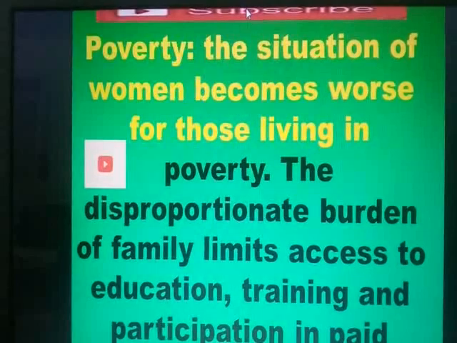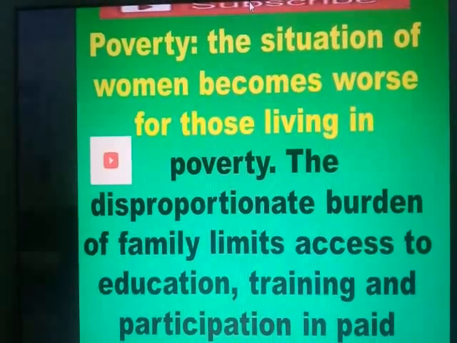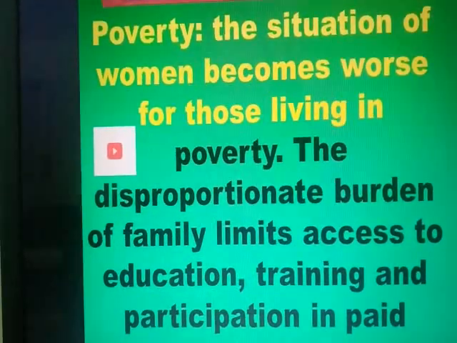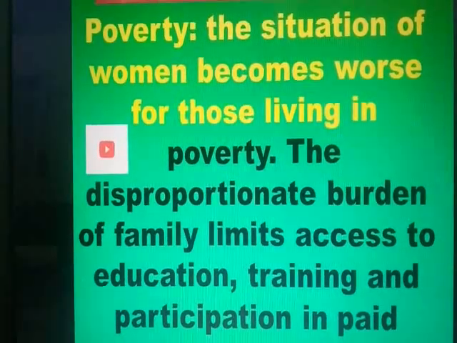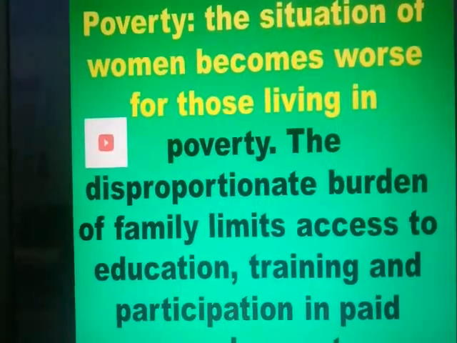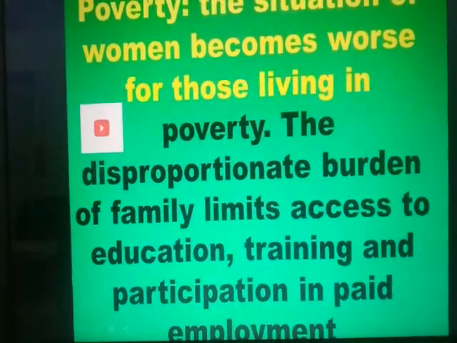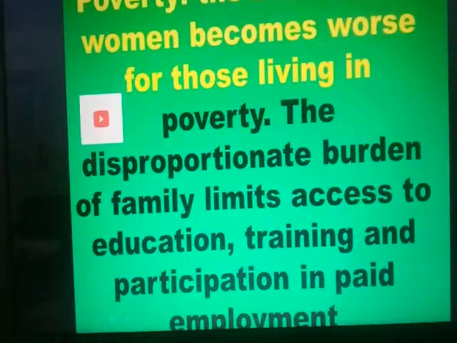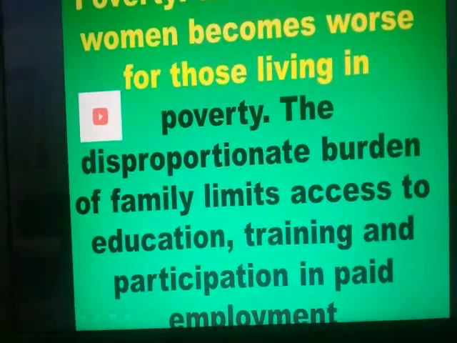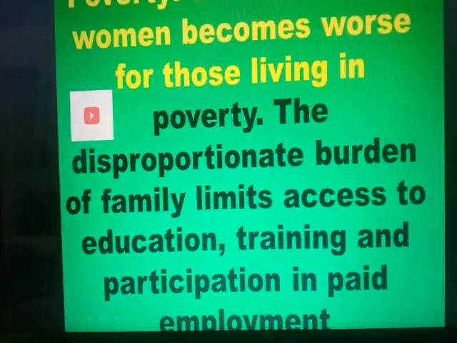Poverty: the situation of women becomes worse for those living in poverty. The disproportionate burden of family limits access to education, training, and participation in paid employment.